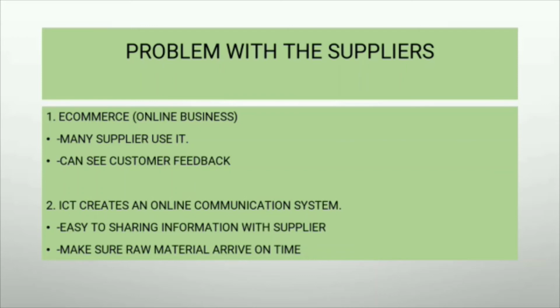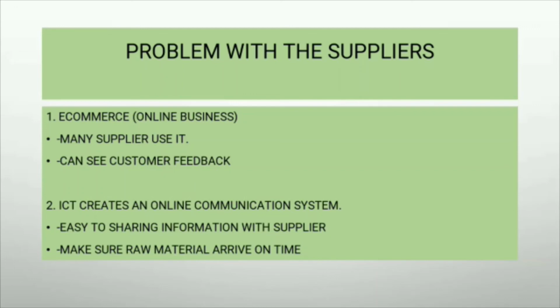It creates a good communication channel between the supplier and the SME to ensure faster communication, and the SME entrepreneur also can share information about their raw material stock. Good communication between SME and the supplier will make sure that the raw material stock will always be available, because when the stock is low, they can contact the supplier immediately and ask them to send it before the raw material runs out of stock.